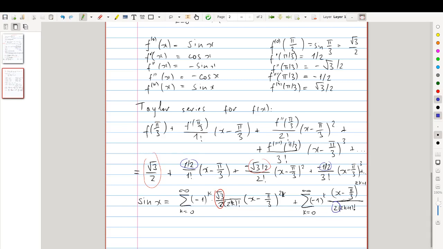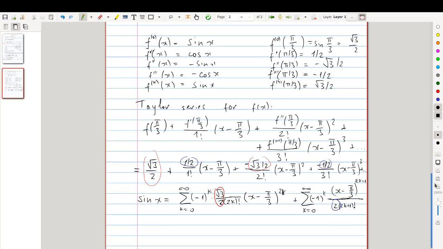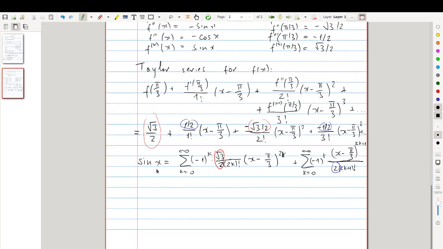And so in fact, the radius of convergence, the second question from this example, the radius of convergence for this series is infinite.